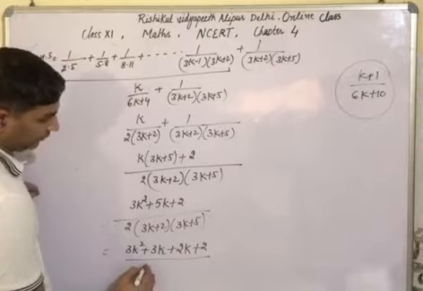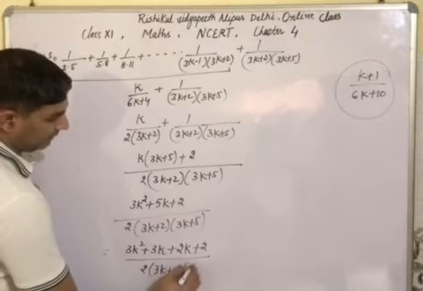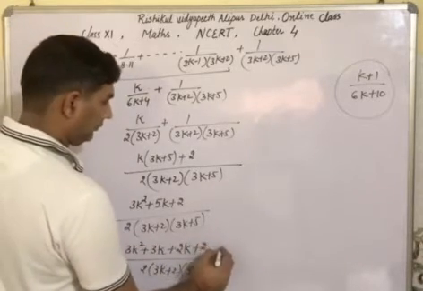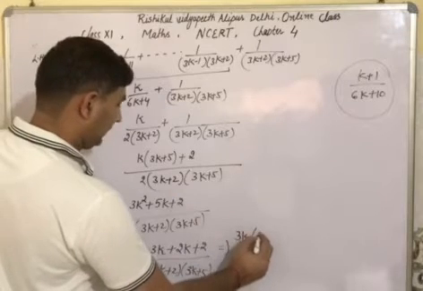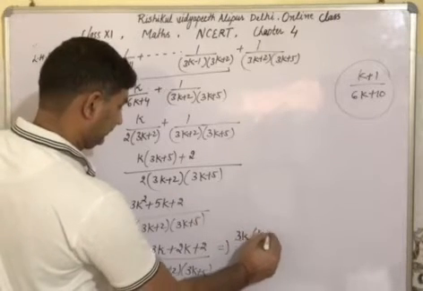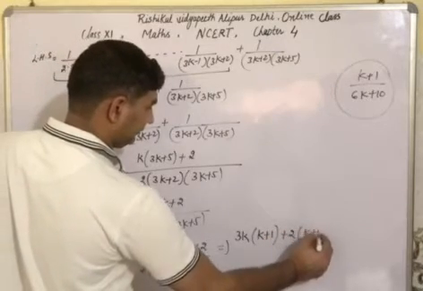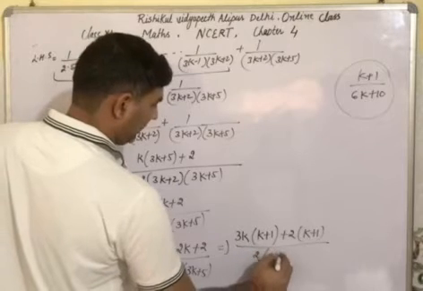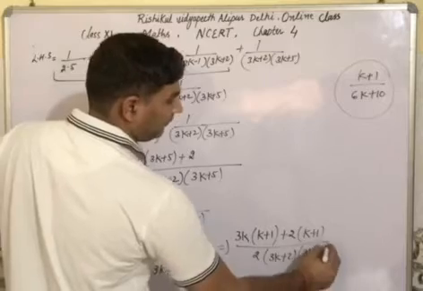And then 2 into (3k plus 2) and (3k plus 5). And then factorize this: 3k is the common term and k plus 1, and 2 is the common term, then k plus 1 over 2 into (3k plus 2) and (3k plus 5).